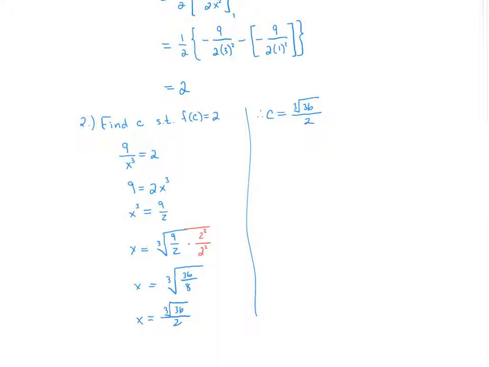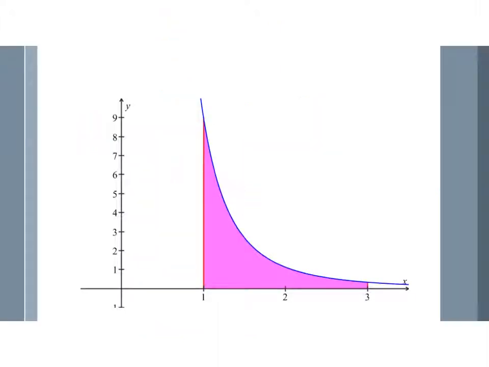So let's take a look at the graph. So this is the graph of 9 over x cubed from 1 to 3. And what we've said is that if we build a rectangle that has the same base as this region that's been shaded, then the height would need to be a height of 2 in order to encapsulate that shaded area.